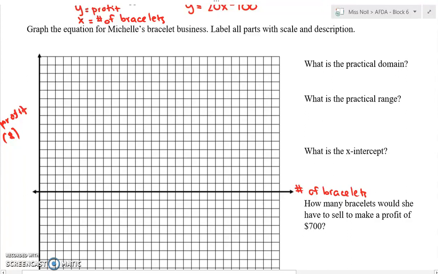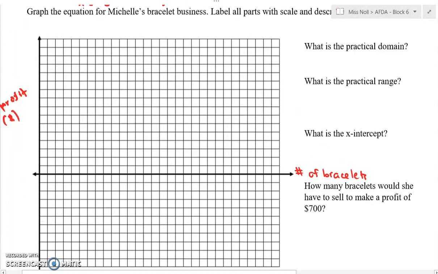Okay, so for the X values, she can just sell one bracelet at a time, so we can just count by ones here: 1, 2, 3, 4, 5, 6, 7, 8, 9, 10, and so on. Actually, I should probably keep going: 11, 12, 13, 14. Alright, great.